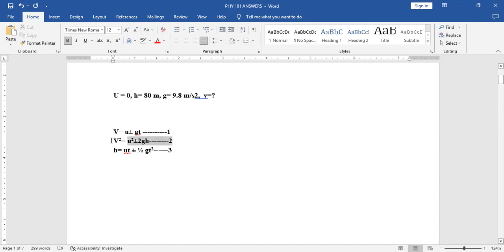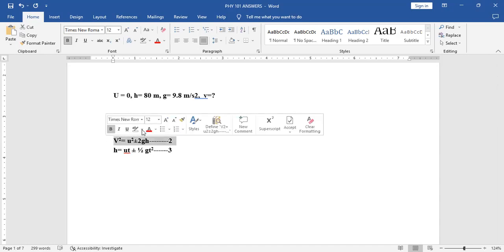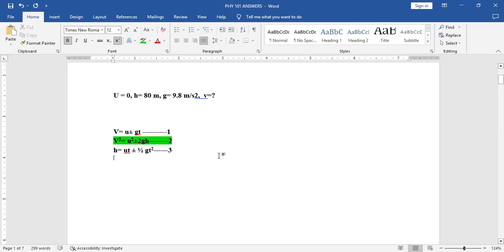So this is the best equation for us to use in solving that very question. So we compare the quantities they give to us and see the one that aligns with the equation is the one we would use. Okay, so we are now going to substitute the values we have here into equation 2.